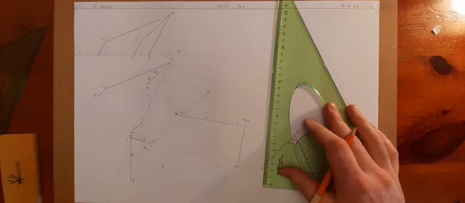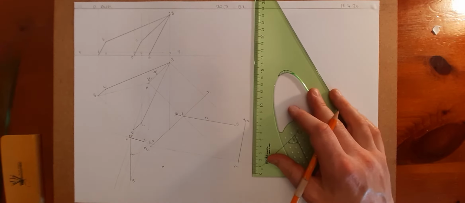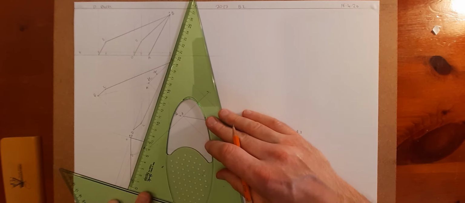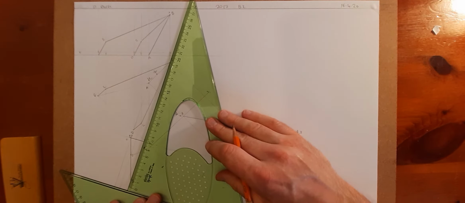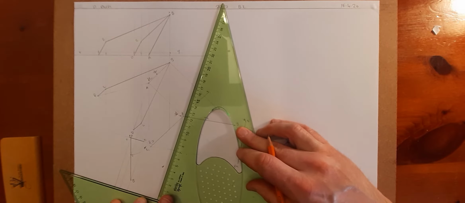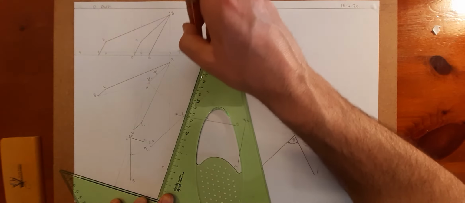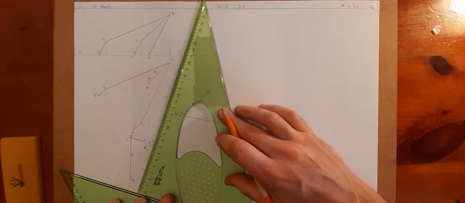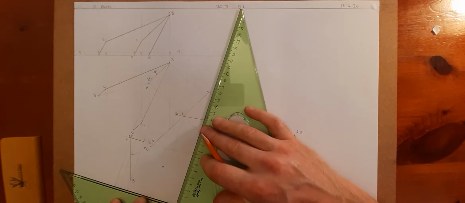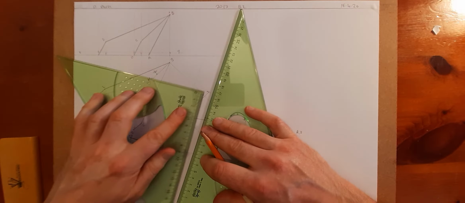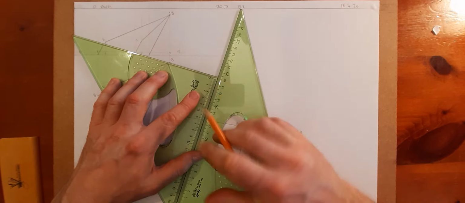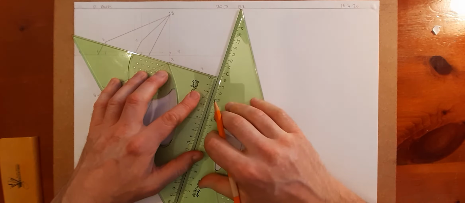And then we're going to bring them back up parallel to our projection lines. These guys would fall out at a right angle. Okay, that gives me B1.